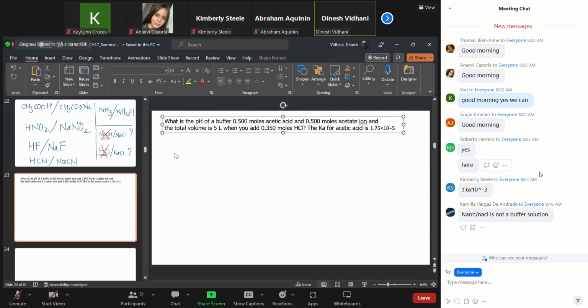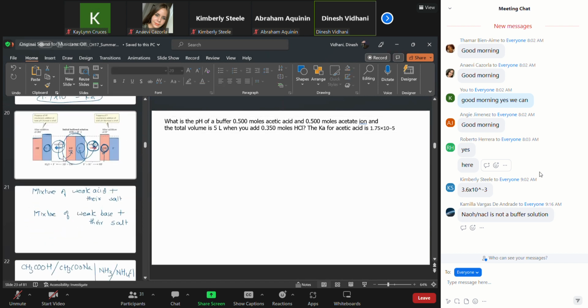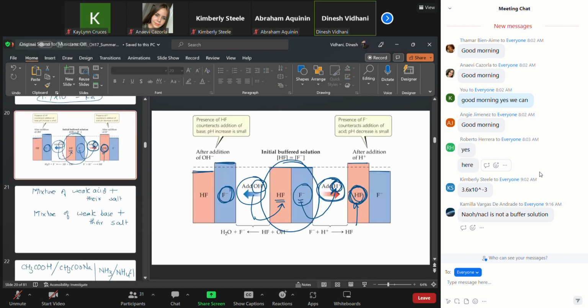It's not going to change to a great extent, but at a certain limit, once you run out of the stock solution, that's a problem. Say you keep on adding H plus and you keep on decreasing the amount of fluoride ion. At a certain point, you will run out of fluoride ion, and that's when your buffer will not act like a buffer anymore. When you add more H plus, you are going to decrease the pH. That's going to be a problem.